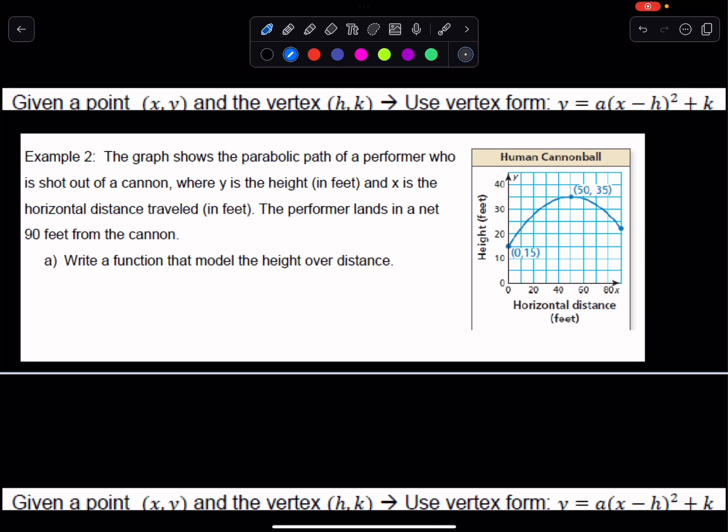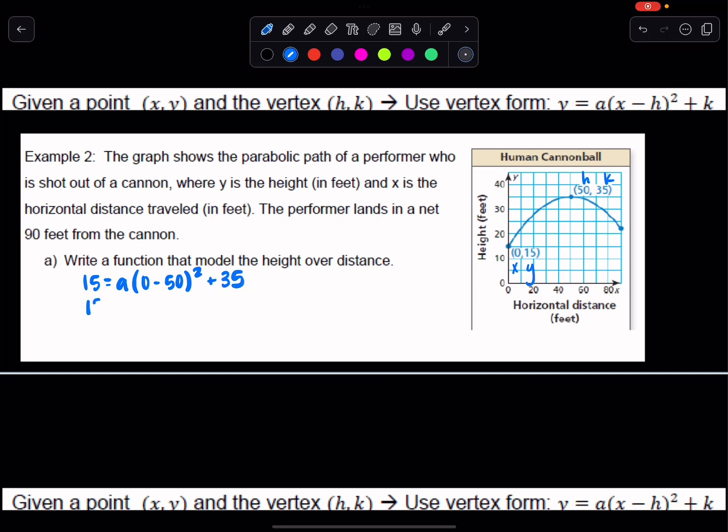So to write a function, again, we're using a point and the vertex. So this is our point, (x, y), and this is our vertex, (h, k). So same steps. Plug in x, y, and h, k. So 15 equals a times (0 minus 50) squared plus 35.